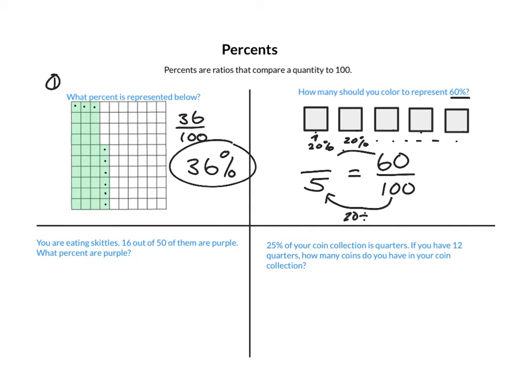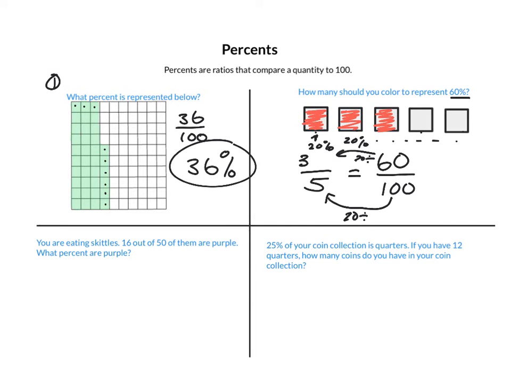So if we take 60 and divide it by 20, we're going to get 3. Okay, and that makes sense because if each of these is 20%, one of them would be 20%, 2 of them would be 40%, and 3 of them would be 60%. So to color in 60% out of 5, we color in 3.